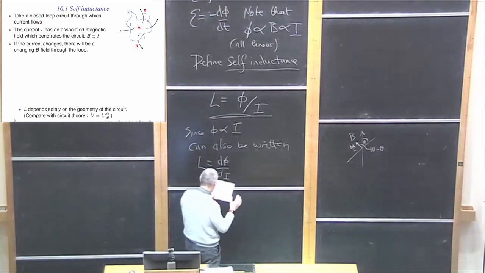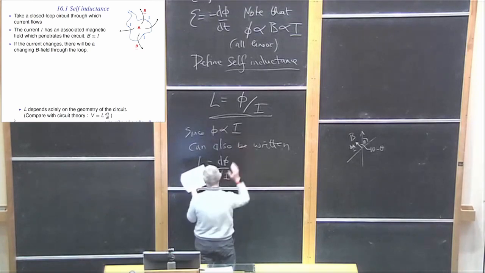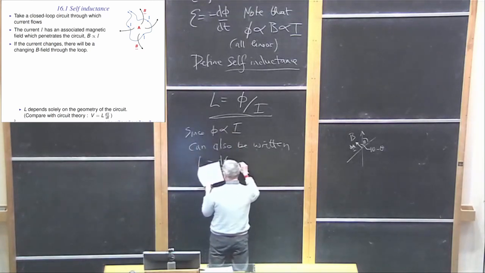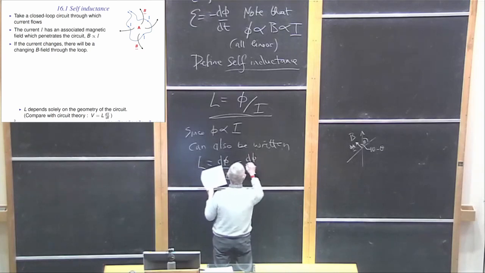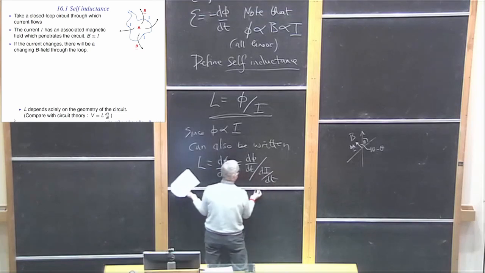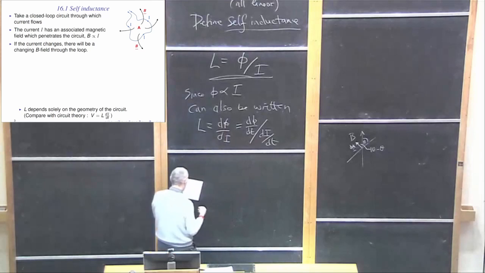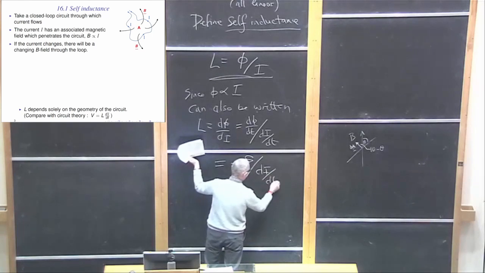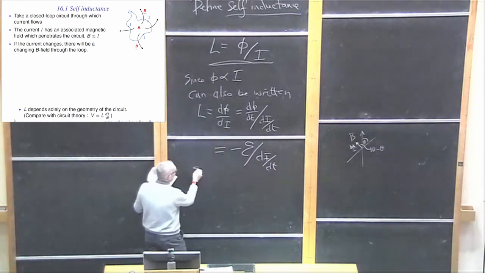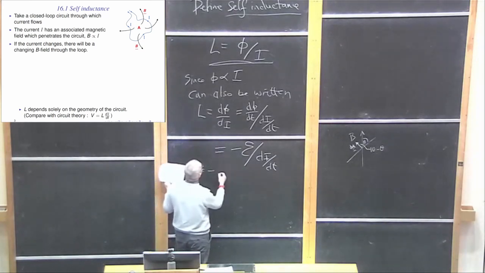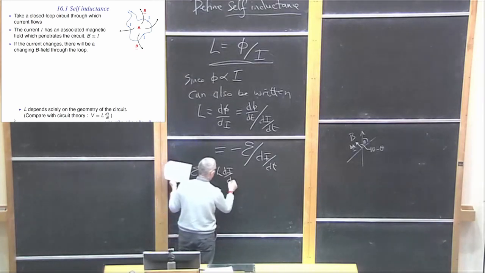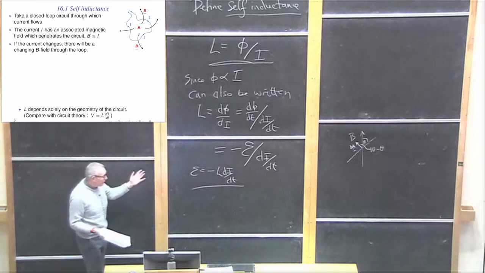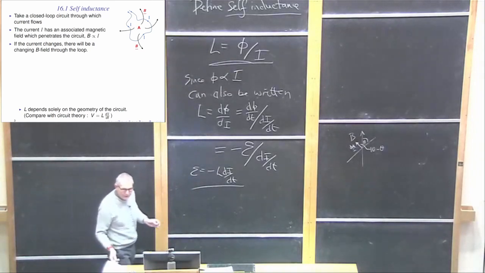If you have a change in the flux and a change in the current, that equals d phi by dt over dI by dt, just loosely cancelling dt's, which equals minus epsilon over dI by dt. So this means epsilon, the EMF, is minus L dI by dt. That should look completely familiar.